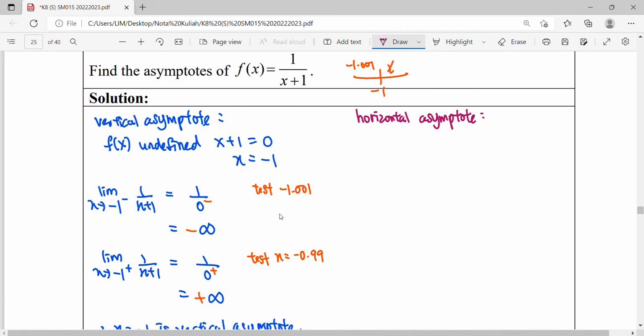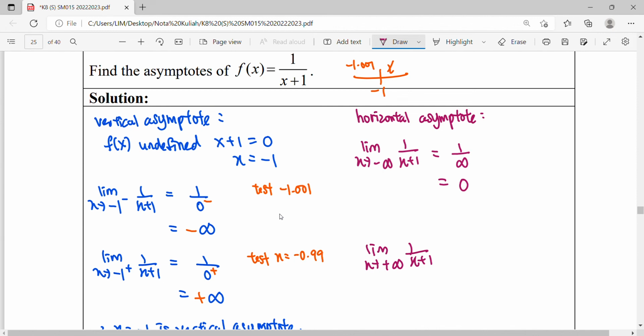We're going to apply limit x approaches negative infinity for the function and x approaches positive infinity for the function. Do you need to divide with the highest power of x? No, this one, when you substitute infinity, it is 1/infinity, it is 0. This function is not indeterminate. We can compute the limit straight away. Boleh dapat kira limit dah.